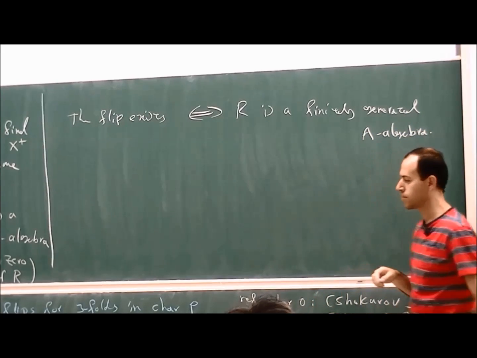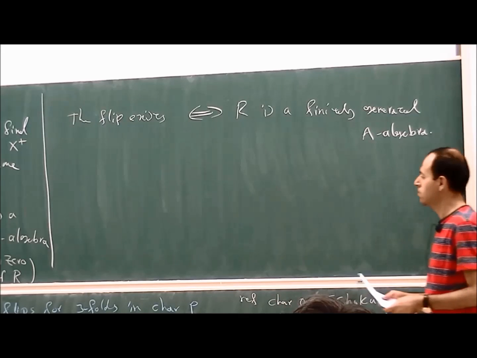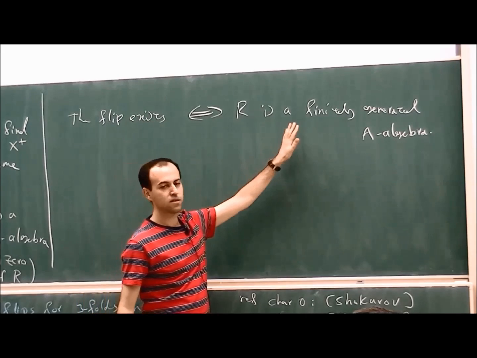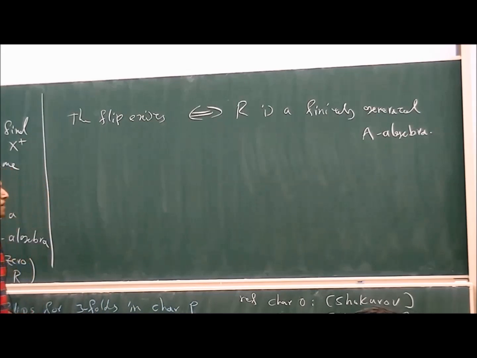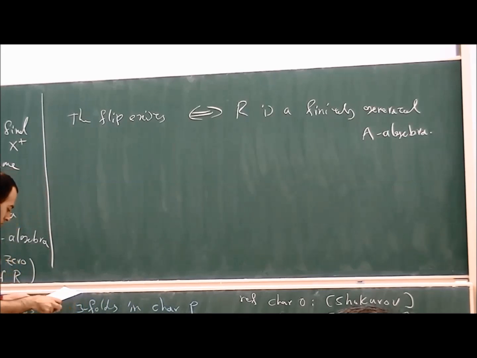So finitely generated, you can think about, this could be like a polynomial ring, or it's just a quotient of a polynomial ring. So here you have something which is completely geometric, you translate it into something completely algebraic. And so the whole story of flips has to do somehow with the interaction of algebra and geometry. You need somehow to understand the relation between these two.